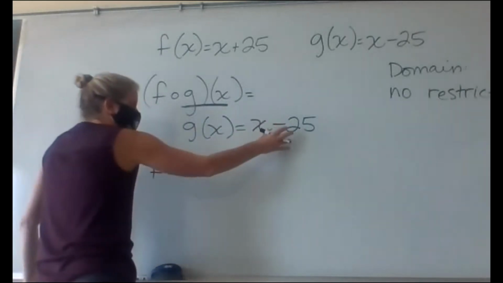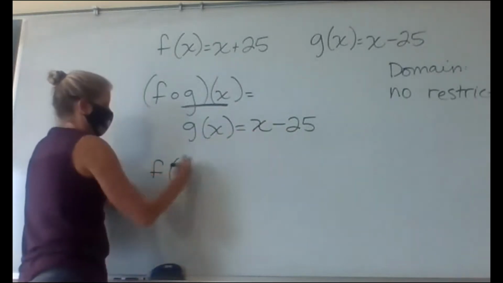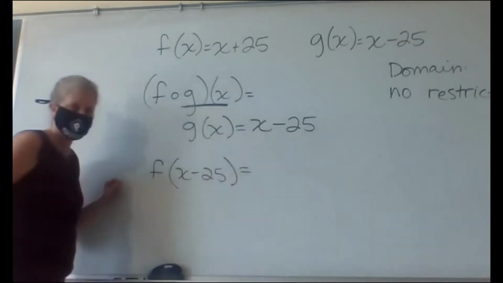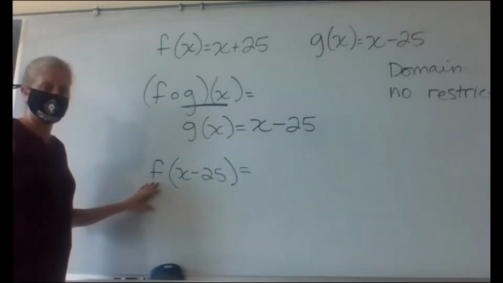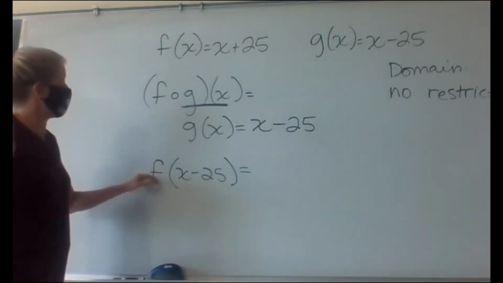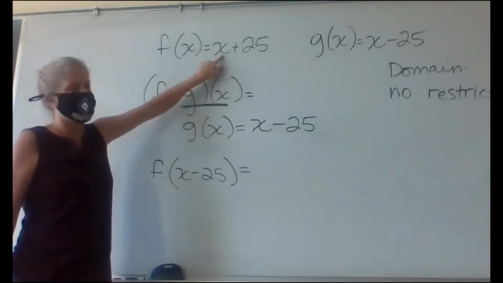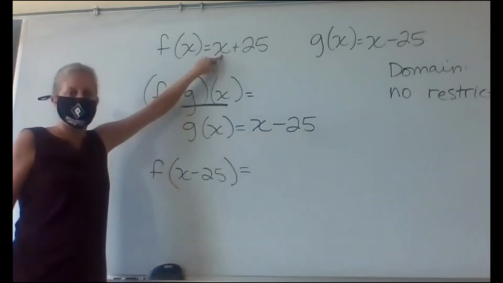So instead of it just being a plain number here, I'm finding f of x minus 25, which means now I am going to go to my f function, which is right here, and wherever I see an x, I'm going to put in x minus 25.